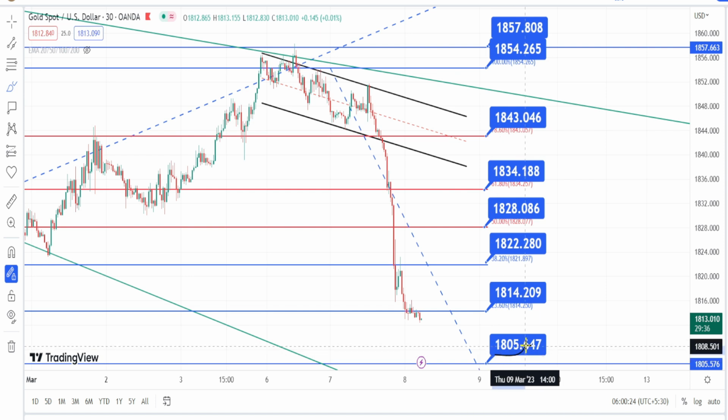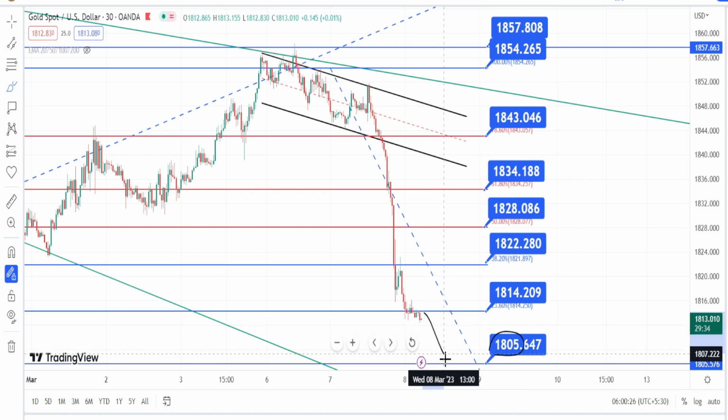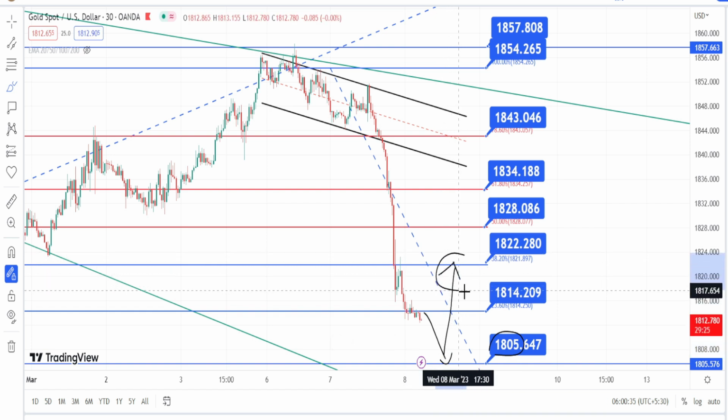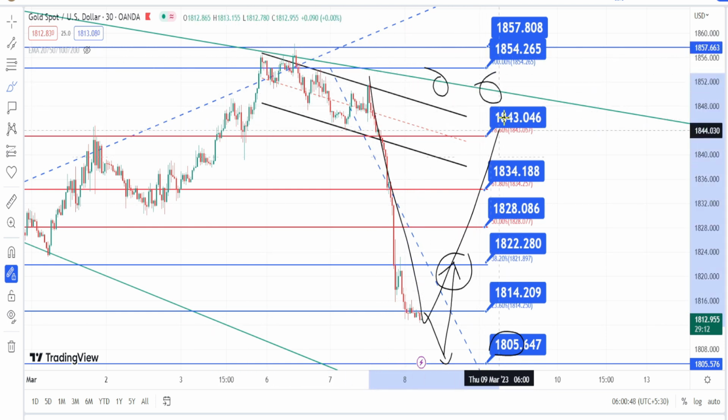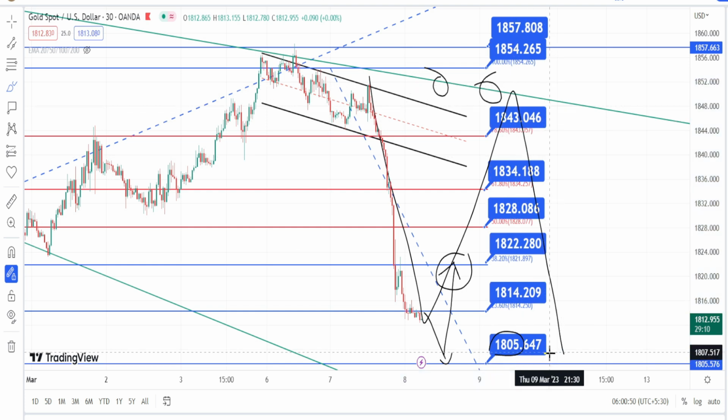Since this level of 1805 is a very strong support level from the past price action, we can expect little bit of bounce back on the bullish side, but it will not be a trend reversal. It will be considered as a pullback on the bullish side. And as long as the price action is trading below this 4 hours time frame resistance line, we can expect a bearish trend to continue in 30 minutes time frame also.